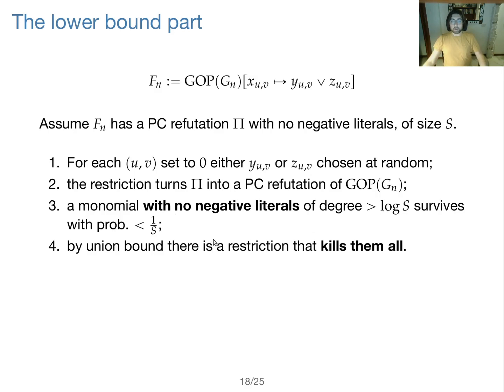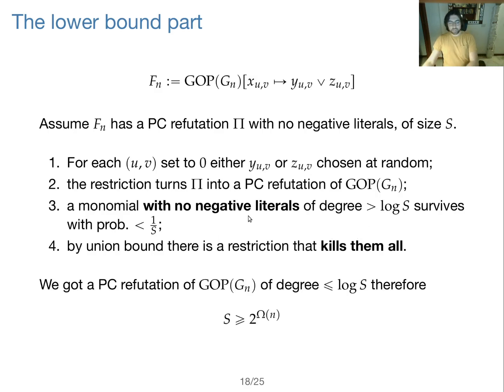So by union bound, we have a restriction that kills all the monomials of large degree, and therefore in the end, after the restriction, we get with probability greater than 0 a polynomial calculus refutation of the original formula GOP, where all the monomials of degree larger than log s have been killed, so the whole refutation has degree less than or equal to log s.